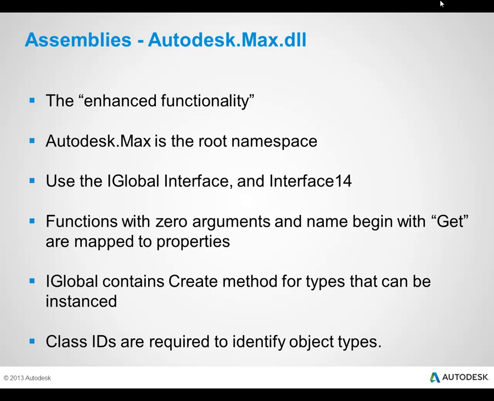And that's the primary way you would construct it. So instead of saying new geosphere to construct that type of object, you have to go and get its class ID, and then you say create an object of this class ID, and what that will give you back is a geosphere. So you construct and you work with objects using the class ID as the primary way to identify what it is.